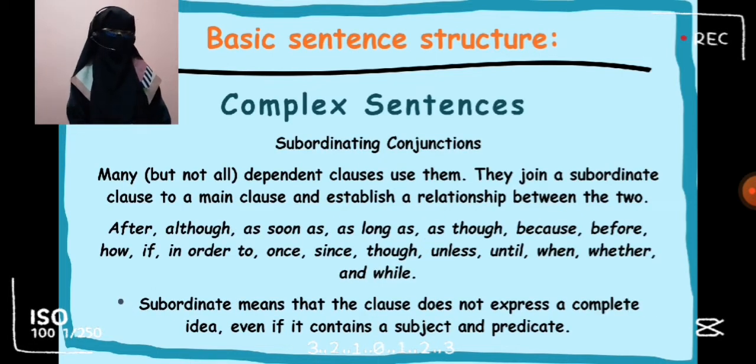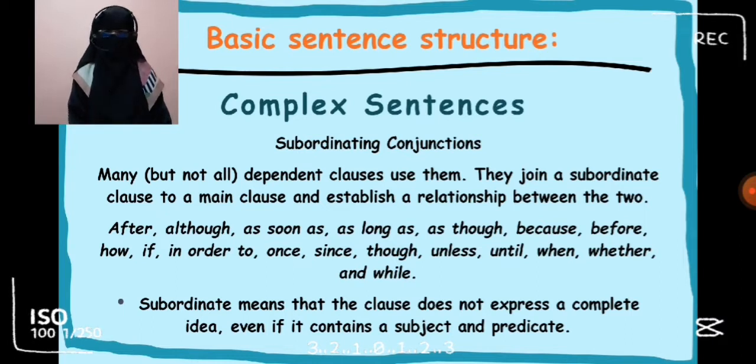Dependent clauses often begin with a subordinating conjunction, another kind of word or phrase that we use when we talk about grammar. It's not 100% necessary that you use the term subordinating conjunction, but at least understanding the idea will be important here. Many but not all dependent clauses use them.